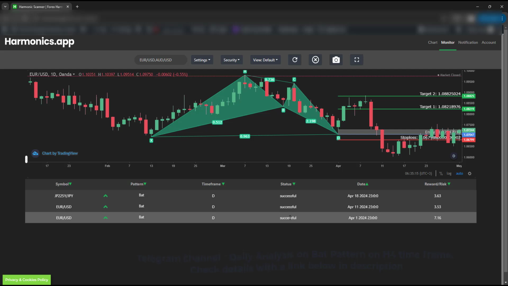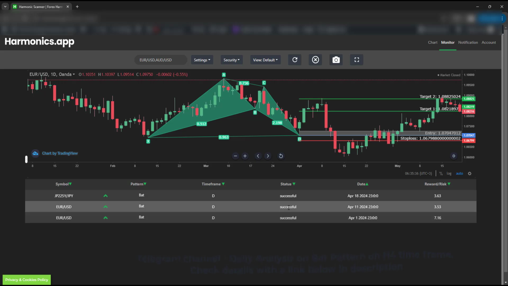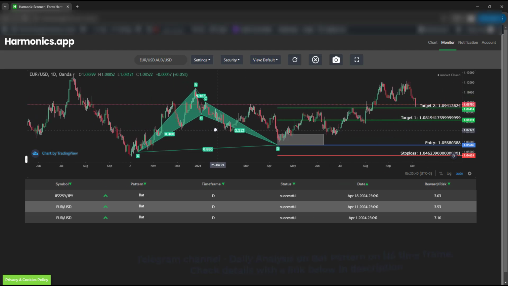Now, for example, let's take this one, which was a successful one. After the price formed a bullish bat pattern on the EURUSD here, at the potential reversal zone, the price returned back up, reaching the first and the second take profit, which made this pattern a successful one. Then we have here EURUSD, the second one, which was also a bullish pattern and was successful.